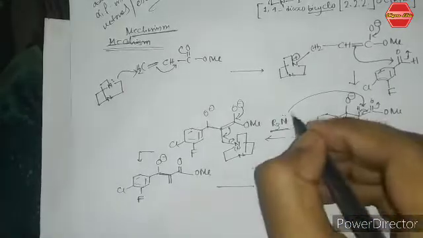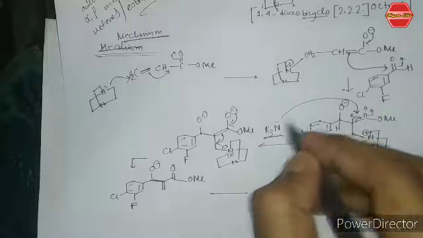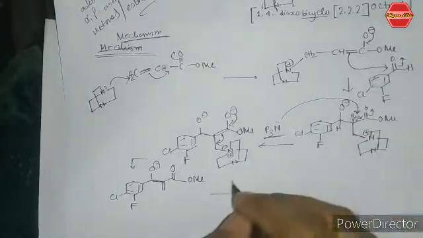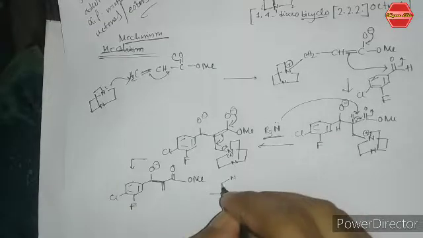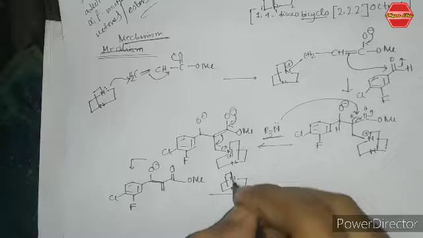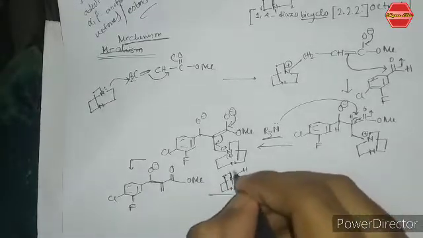Now see, this step, this R3N, that is DABCO, will take a proton from here. Now this will be protonated. I have written the overall structure, sorry, this one. Okay, so this will take a proton, that is the positive center.